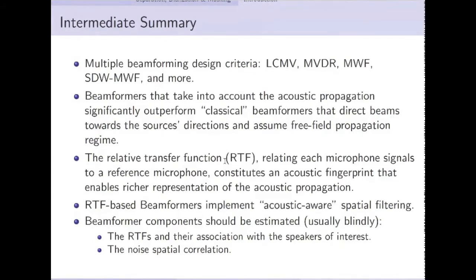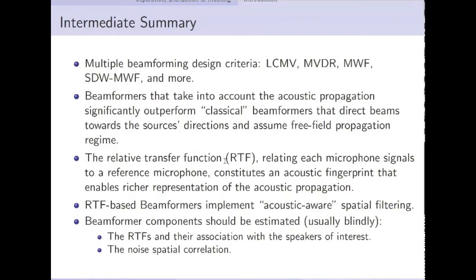We showed that taking it into account can allow us to perform much better beamforming, with much better resolution, even with a few microphones, which is very important for our application, in which we have for now 4 microphones, or maybe later we'll have 8, but this will be the maximum.